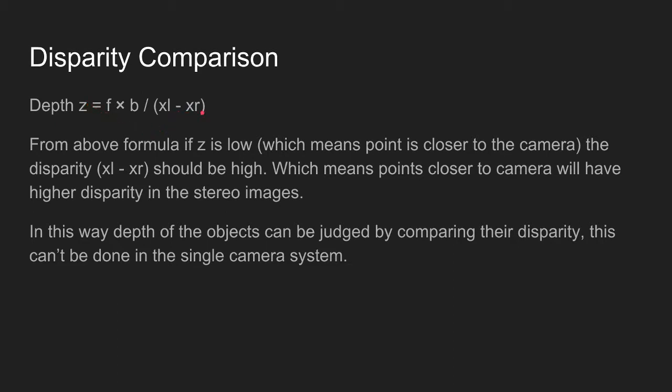So the difference between the left image and right image will be high, which means the disparity will be high. You can look at it the other way: if the disparity is high, the point is closer to the camera. If the disparity is low, the point is far from the camera. So we can judge the depth by looking at the disparity. You can't judge this in a single camera system because you don't have such an attribute. But in a stereo image, you can judge the depth by seeing the disparity.